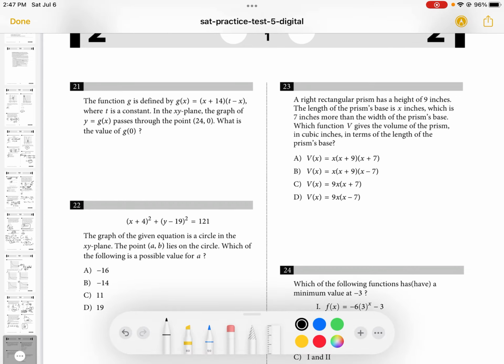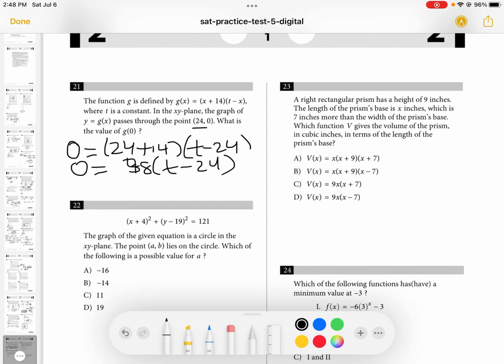Okay, so let's substitute the x value here. So g of x, which is y, is 0 when x is 24. So when we plug in x equals 24, we get 24 plus 14 times t minus 24. This is equal to 38 times t minus 24, which is equal to 0. So here it's clear that t has to be 24.